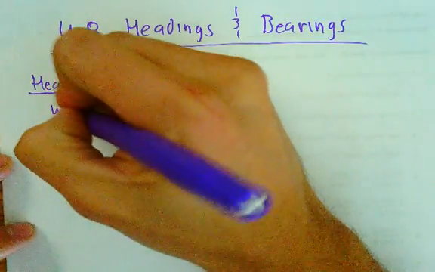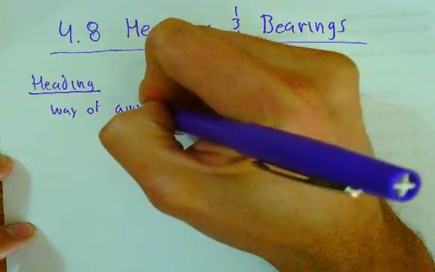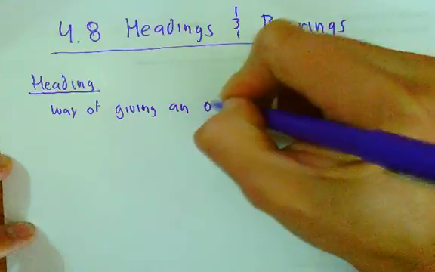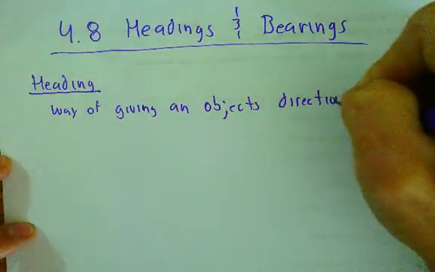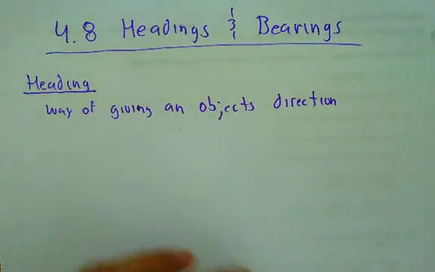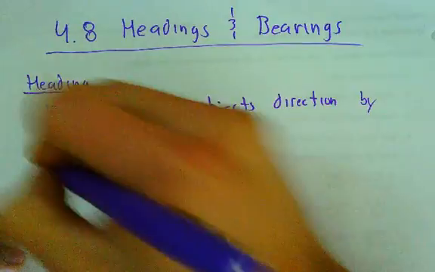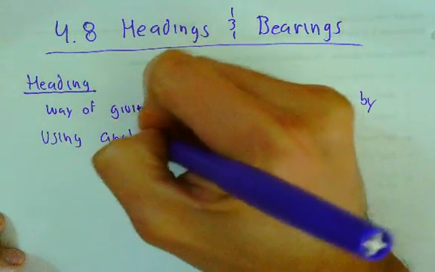Okay, so a heading is a way of giving an object's direction. So it's a way of giving an object's direction by using angles.